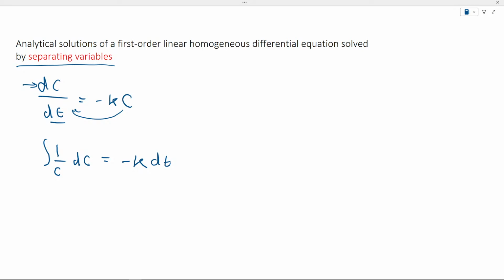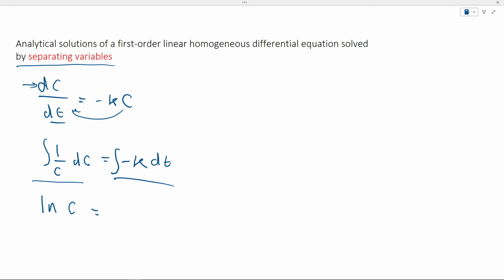So you see what I did here? And now that becomes simple. I integrate both sides, because I just need to integrate this and this. The integration of 1 over c with respect to c is ln c.